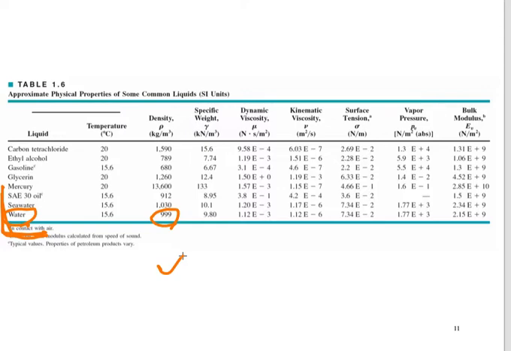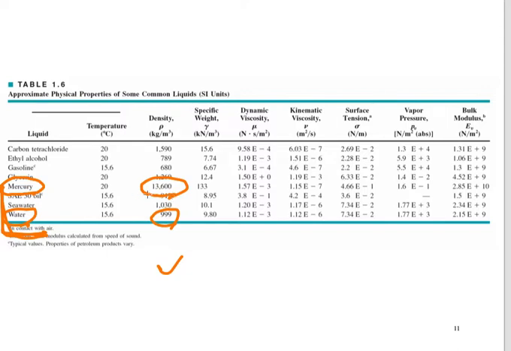Then another one is mercury. For mercury, please remember that the density of mercury is 13,600 kilogram per meter cube, which is 13.6 times more compared to water.